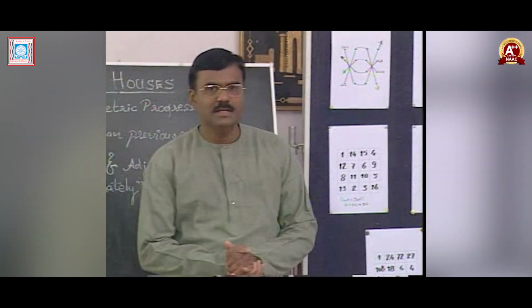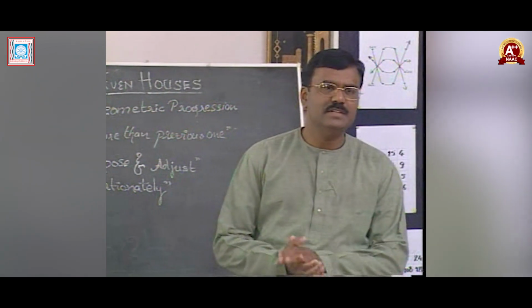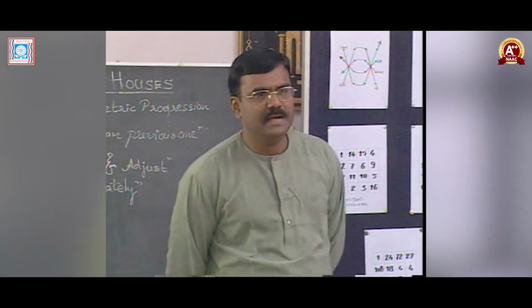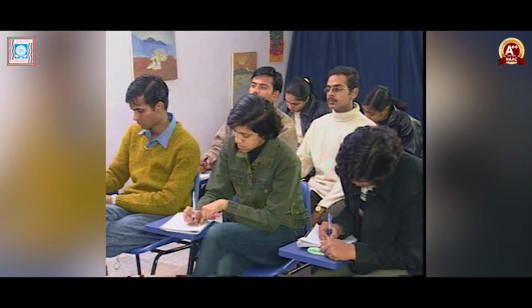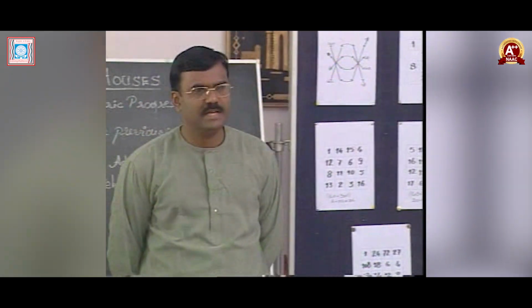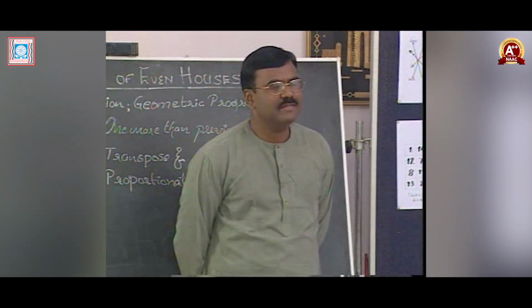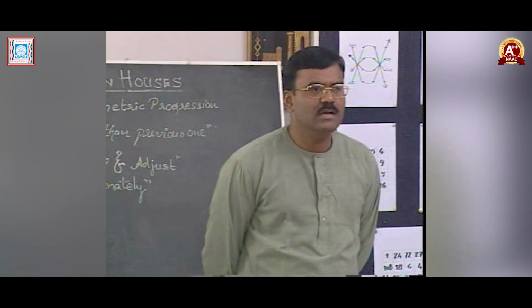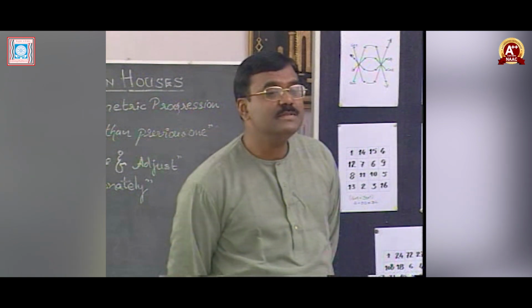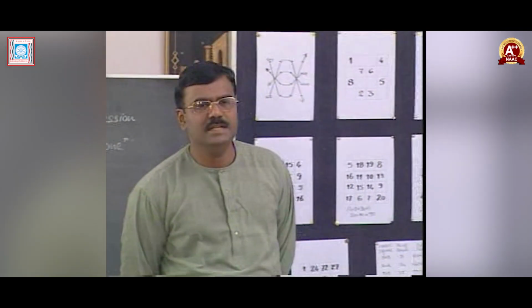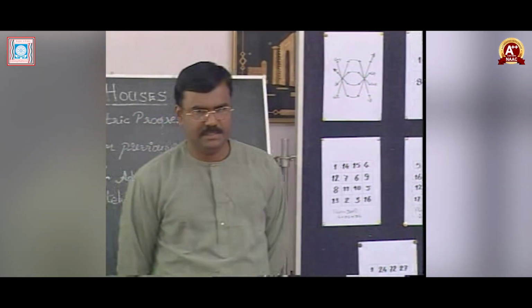Let us study the arithmetical progressions of 16 terms. Arithmetical progression is nothing but the first term, and the first term and the deviation, and the first term and 2 deviations, and the first term and 3 deviations, etc. If we take the first term being 1 and deviation being 1, what is the progression of 16 terms? 1 to 16, that is 1, 2, 3, like that up to 16.